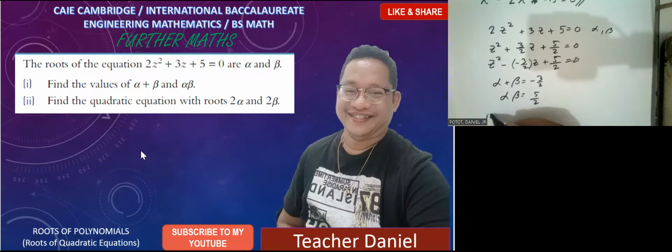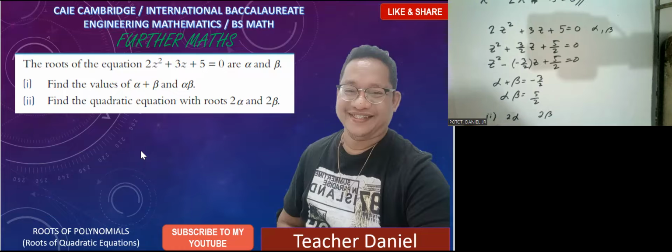Question number 2: find the quadratic equation with the roots of 2 alpha and 2 beta. Please take note how powerful this is, because with 2 alpha and 2 beta, the two equations are connected with each other. Without solving for the roots, we are able to get the relationship between the equations.